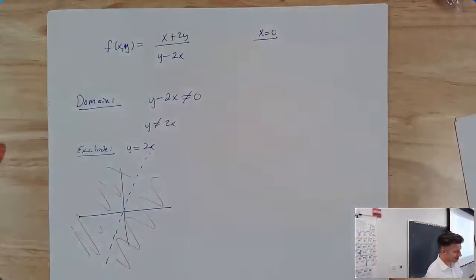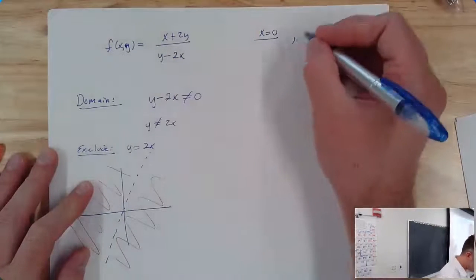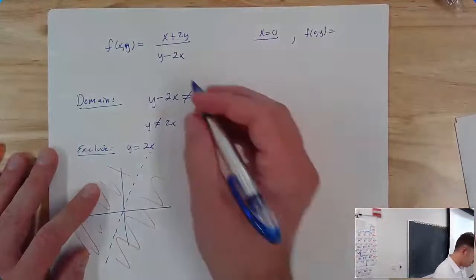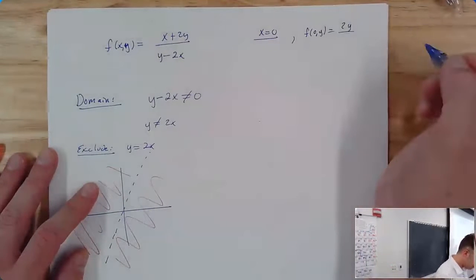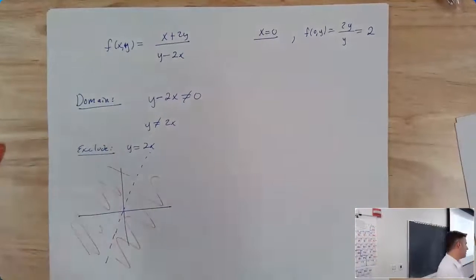But if you pick x equal to 0, what are you going to get for your function? If x is 0, I'm left with f of (0, y) equal to 2y over y, which is always 2, unless y is 0, but we're not going to. So great, you got 2 in the range, and that's it so far.